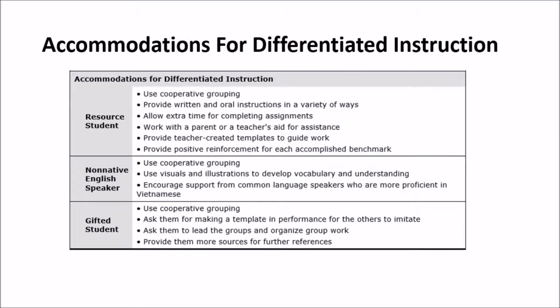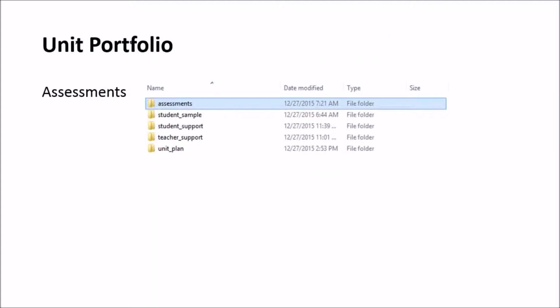This is the accommodation for differentiated instruction: resource student, the native English speaker, gifted student. And after getting helpful information about unit plans, we will go back to the unit portfolio.